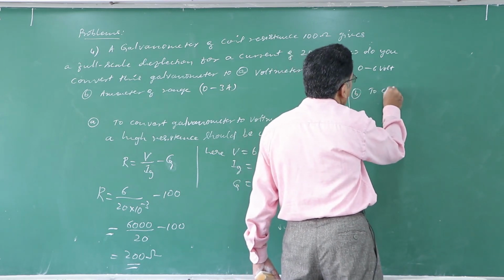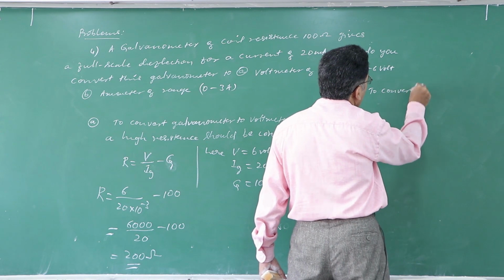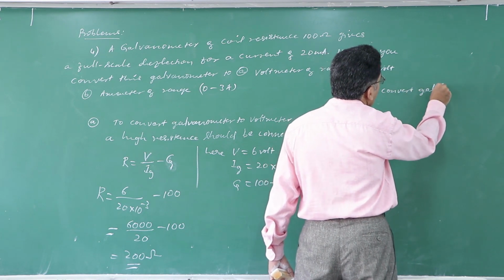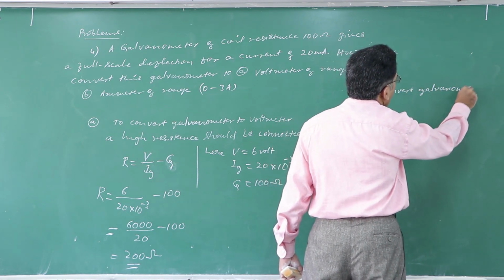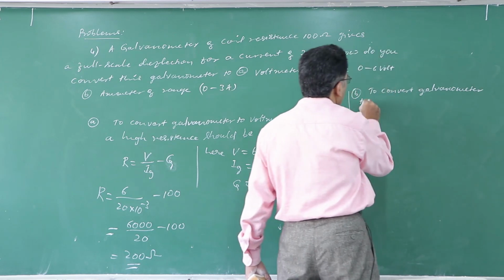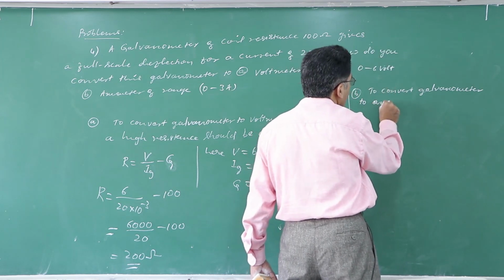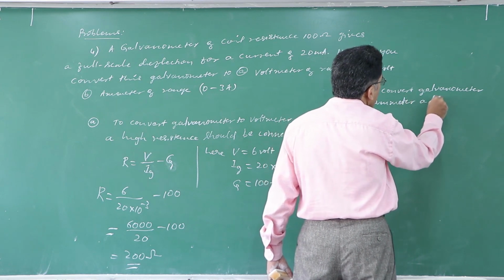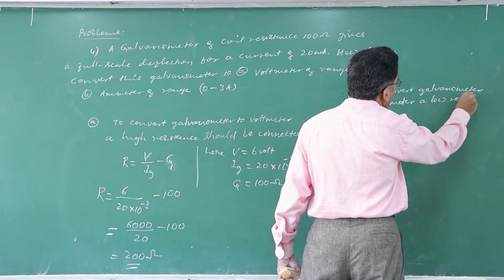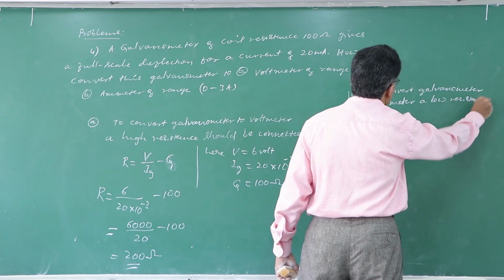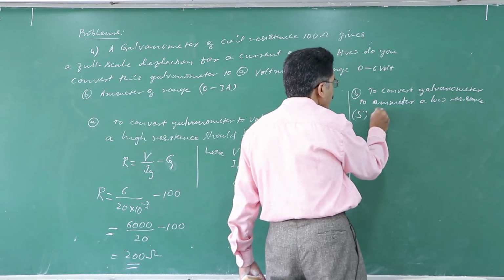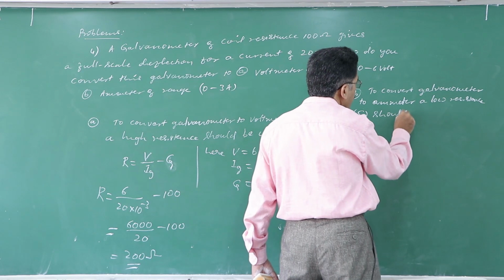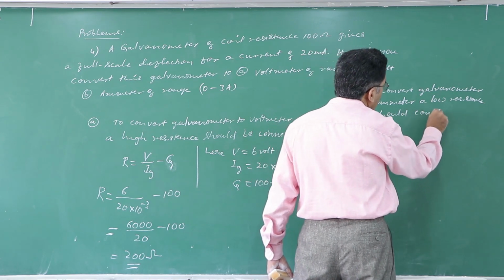To convert the galvanometer to an ammeter, a low resistance should be connected in parallel.